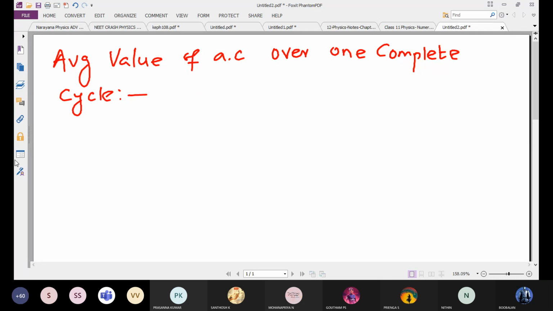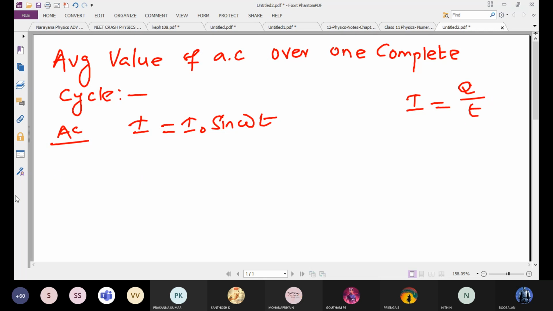Listen. So already I know the alternating current formula: I is equal to I naught sin omega t. Okay. So what is the current formula? I is equal to Q by T. So current equals charge by time.